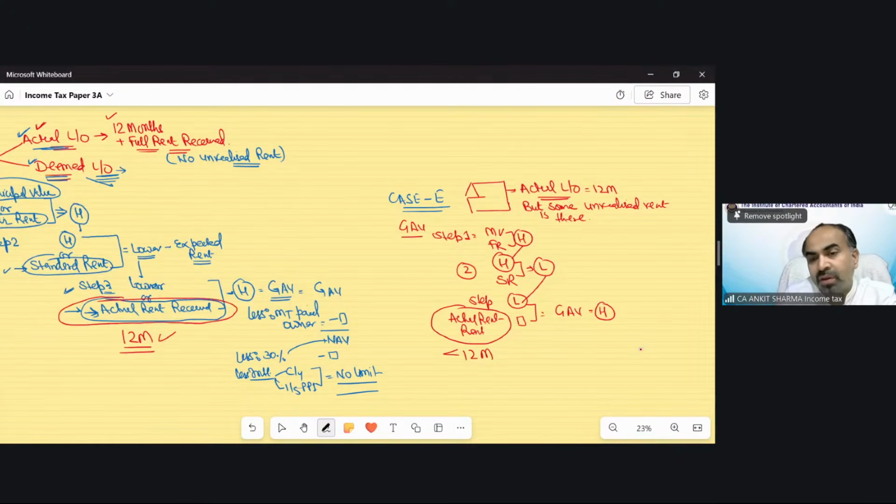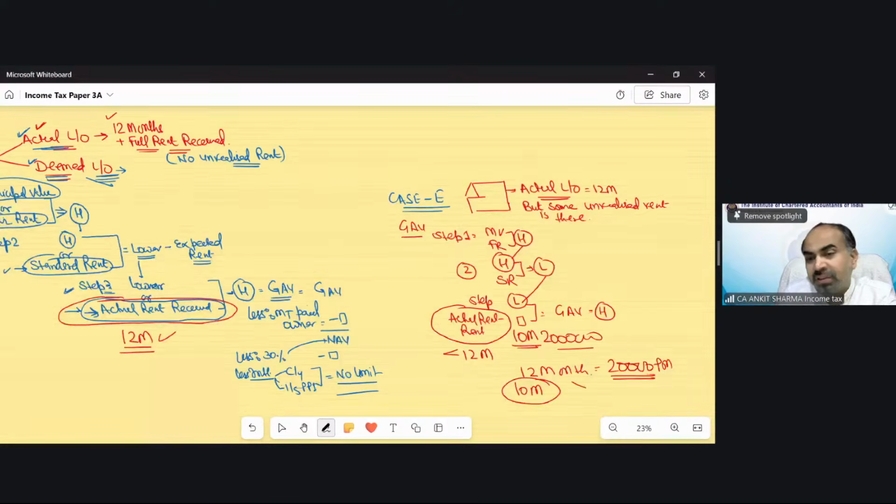For example, tenant resides in a property for 12 months, and the rental value was suppose 20,000 per month, and the rent we have recovered only for 10 months. So for 2 months, bad debt was there. We called it unrealized rent. So in case of E, the actual rent receipt would be only for 10 months, therefore for the purpose of comparison, that would be 2 lakh rupees.